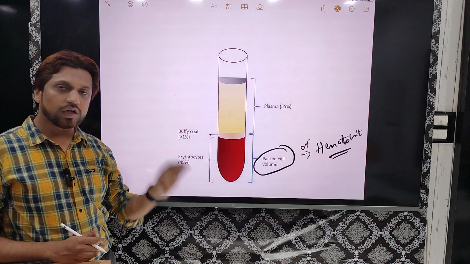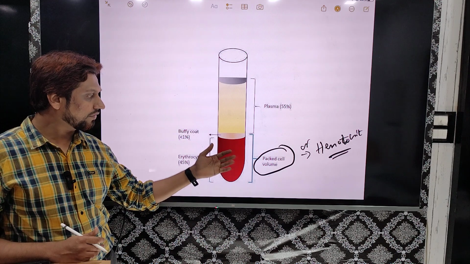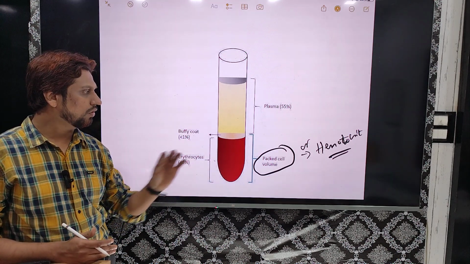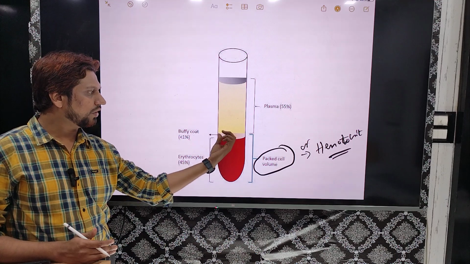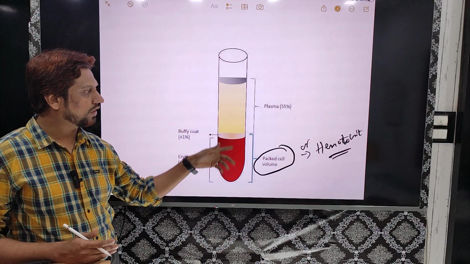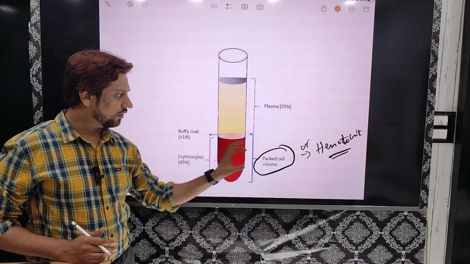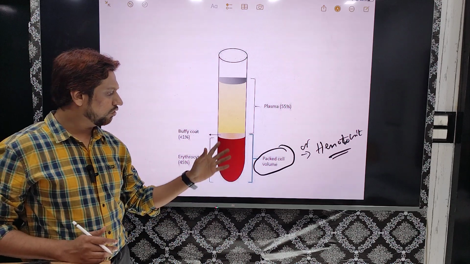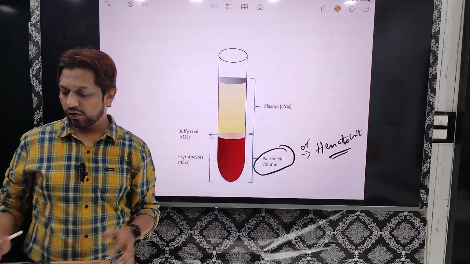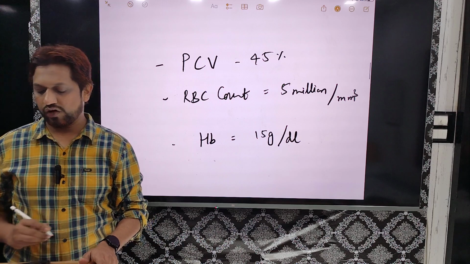The majority of the cells are RBCs, they are in millions, whereas WBCs and platelets constitute a very small amount, less than 1%, forming a small layer known as the buffy coat in between the erythrocytes and the plasma, which is the liquid part. So the majority of the packed cell volume is formed by RBCs, or red blood cells, erythrocytes. Hope you now know what is PCV: packed cell volume is 45%.